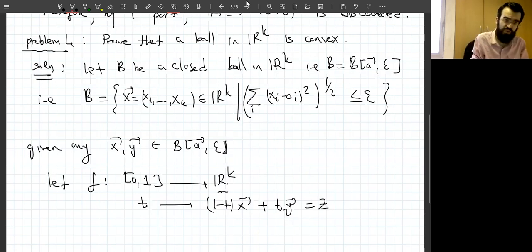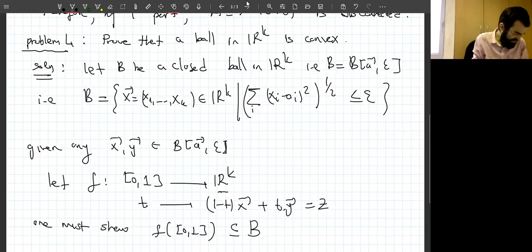One must show this set is contained in our ball, i.e. d of z and a must be less than or equal to epsilon.